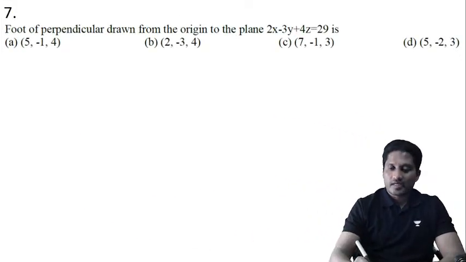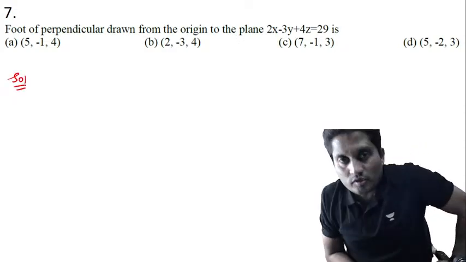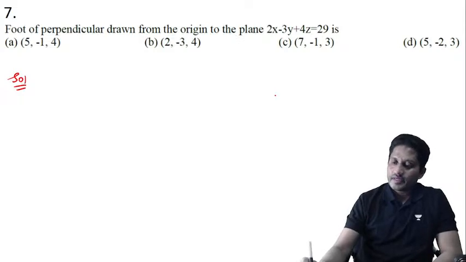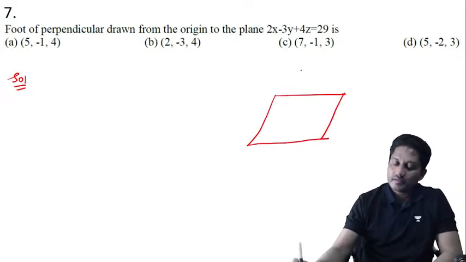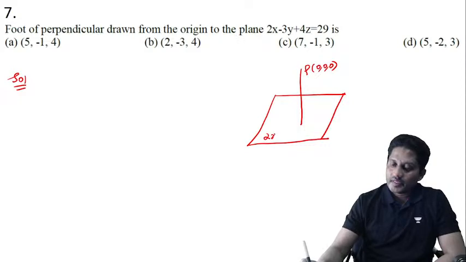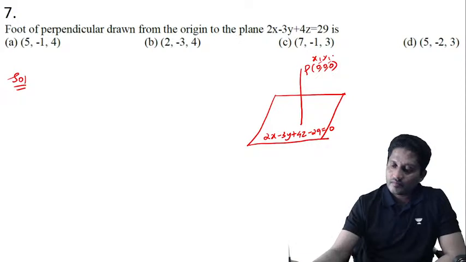Foot of the perpendicular drawn from the origin to the plane. If you take the options and substitute, more than one will satisfy. Okay, there was a similar question, foot of the perpendicular, in the 2022 paper as well. Foot of the perpendicular drawn from the origin 0, 0, 0 to the plane, that is 2x minus 3y plus 4z minus 29 is equal to 0. This is x1, y1 and z1.